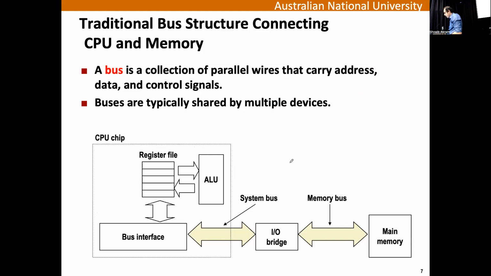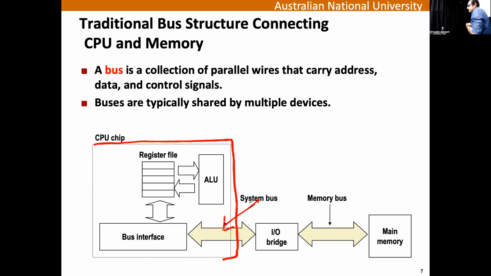So what I have here is, this is my CPU chip. And there are two buses here. Bus is just a collection of wires. It's a channel through which different components communicate. So there's a system bus. This is a general view of a system. Different systems may use different terminology for these buses.